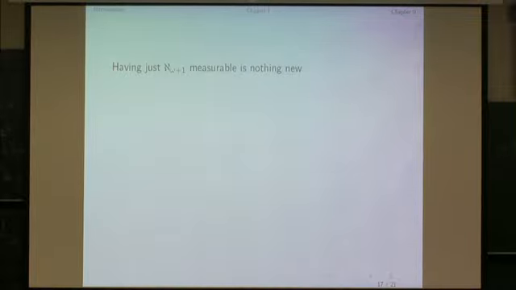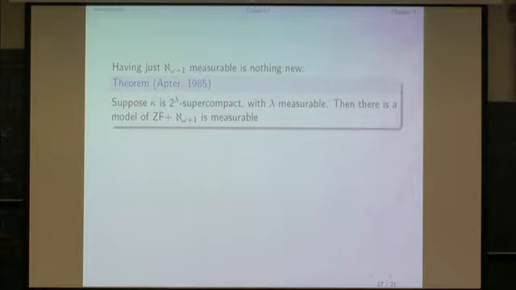So, okay, I think I have time for introducing even a third way to think about this. Having just Aleph_omega plus one measurable is nothing new. It's an old result by accident. But this is weird: theta a weakly inaccessible limit of measurable cardinals.